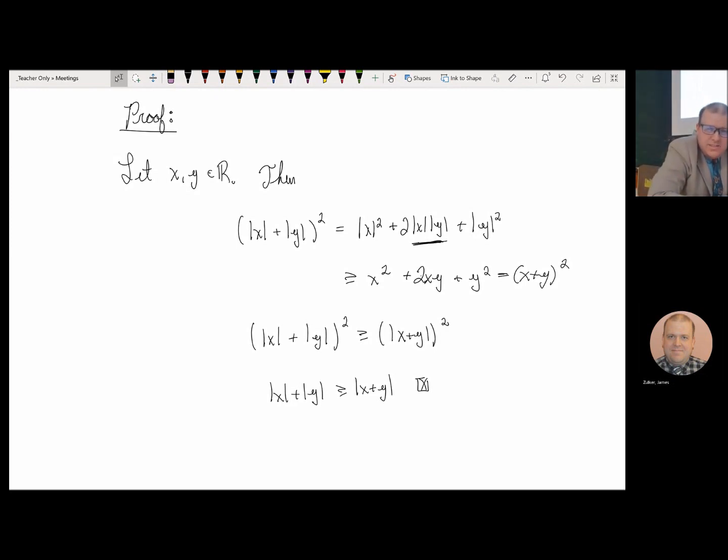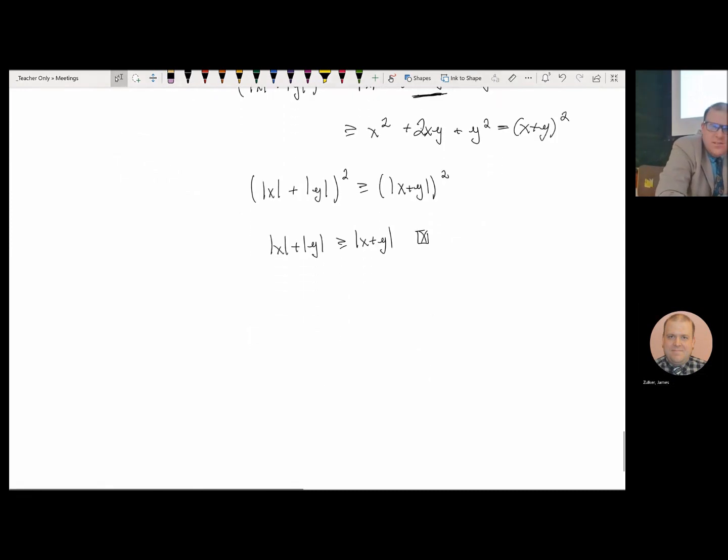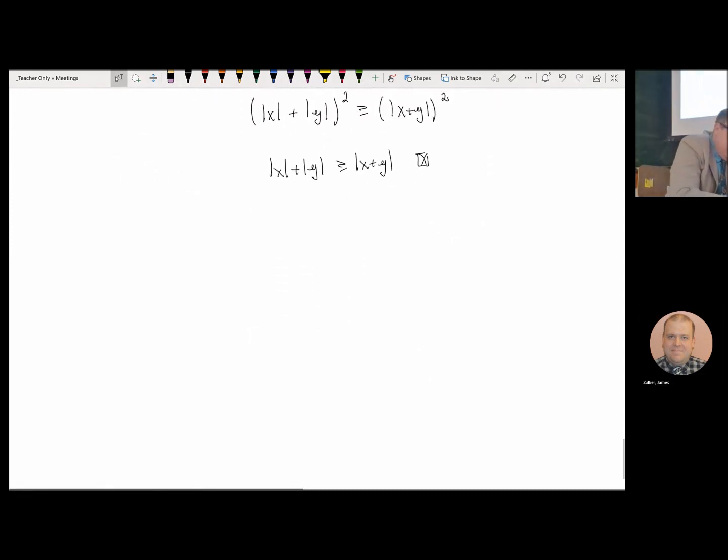Let's look at this. Absolute value 3x minus 5 greater than or equal to 13. You want to solve for x.